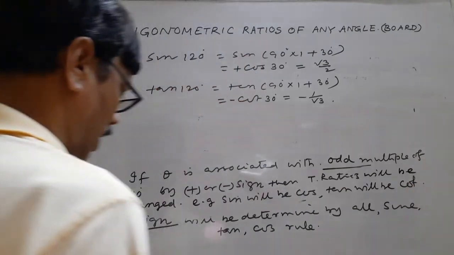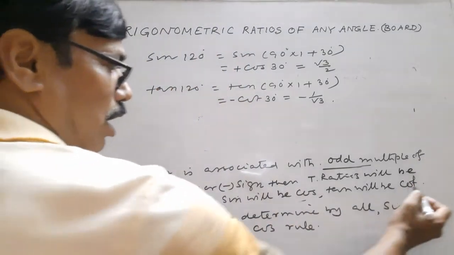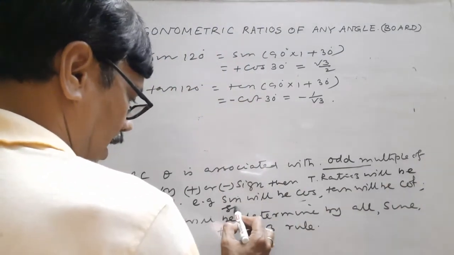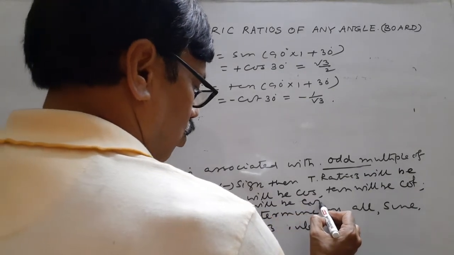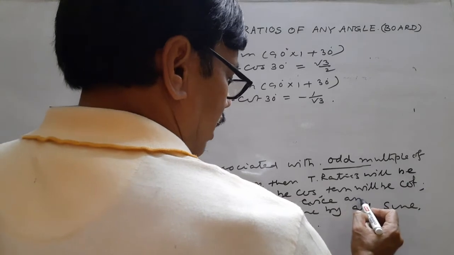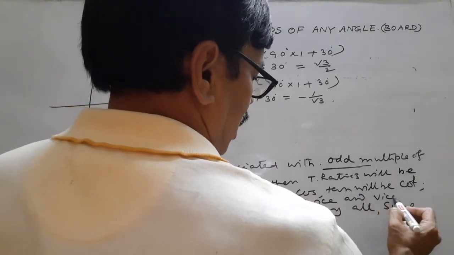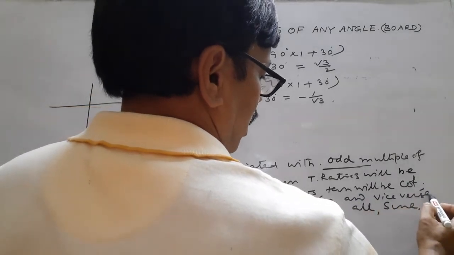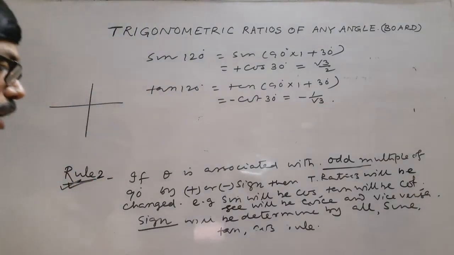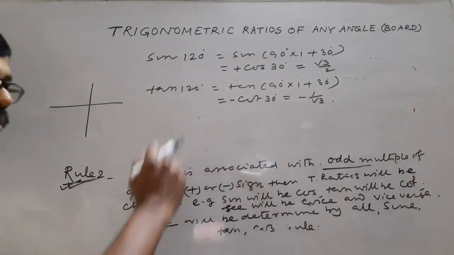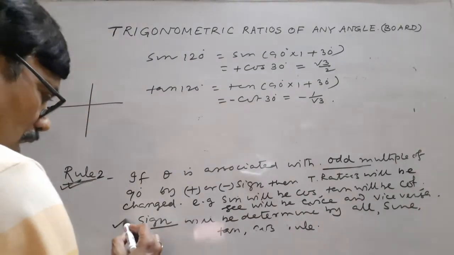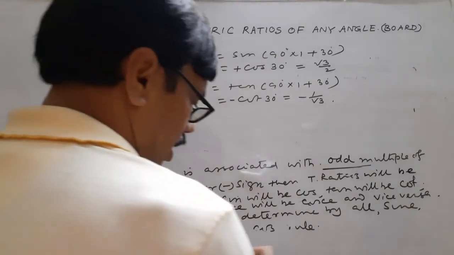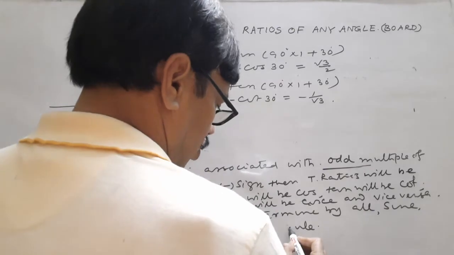Cot means cotangent. Sec will be cosec and vice versa. Vice versa means converse. Cos will be sine. And the sign is unchanged. The sign will be determined by the all sine tan cos rule.